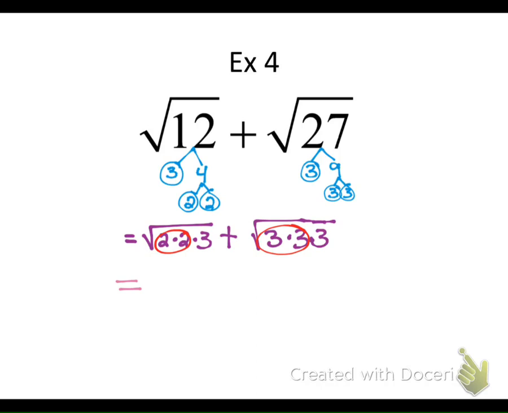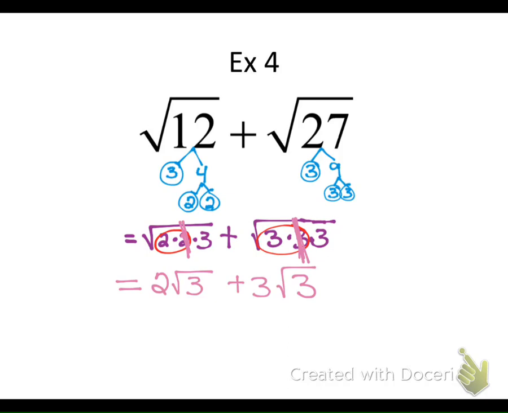You put 2. So my factor pairs cancel, become a single coefficient on the outside. So basically you're simplifying. So I go ahead. 2. And then square root sign and 3. Okay, keep going. Plus, and then you cancel off those 3, square root sign 3. Good.